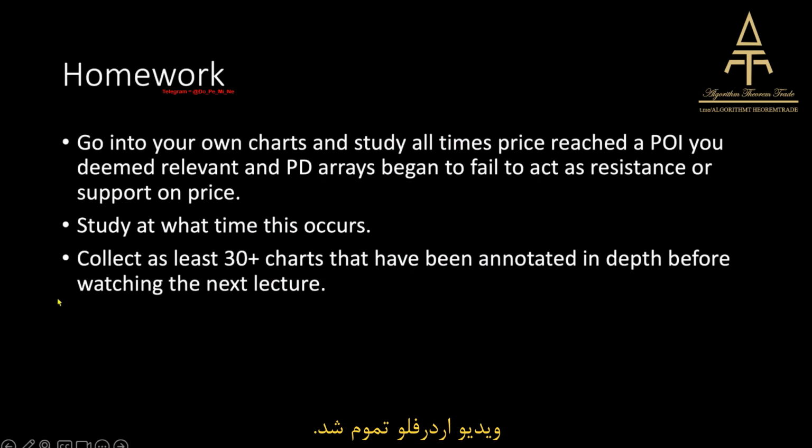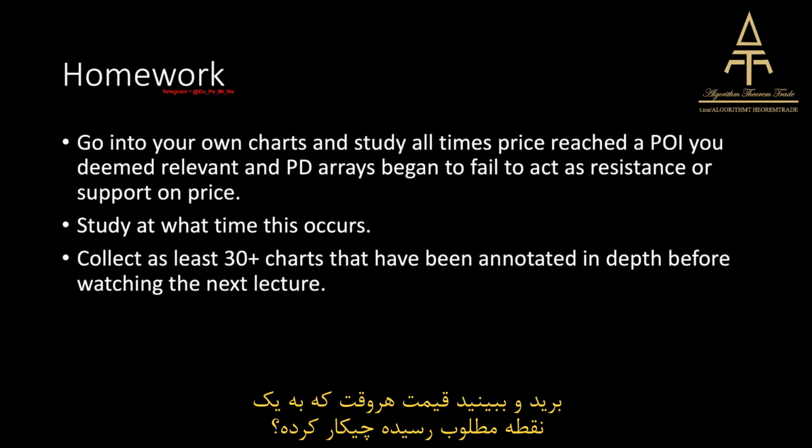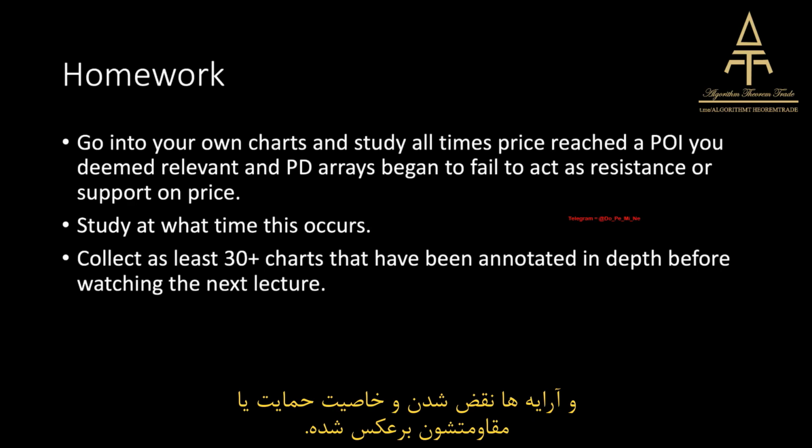So we have come to the end of the order flow lecture. I want to give you some homework. I want you to go into your own charts and study all of the times price reached a POI that you deemed to be relevant and PD arrays began to fail to act as resistance or support on price.